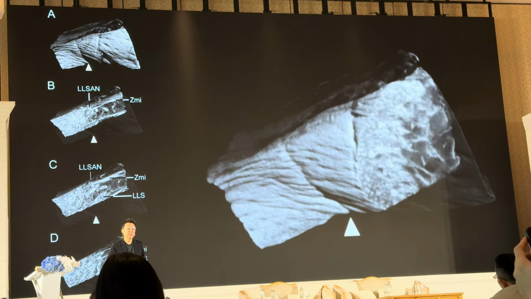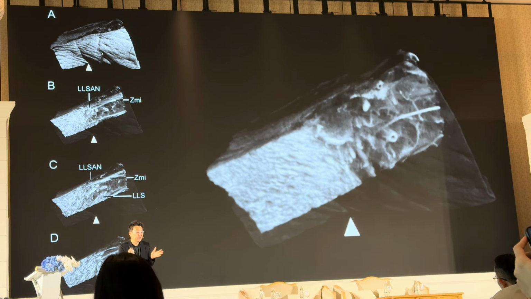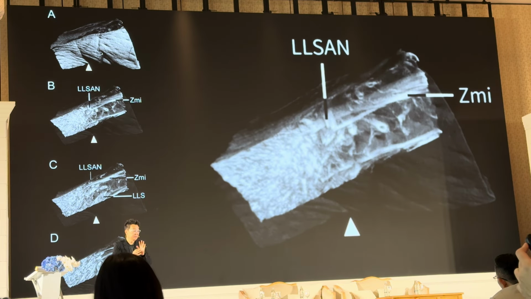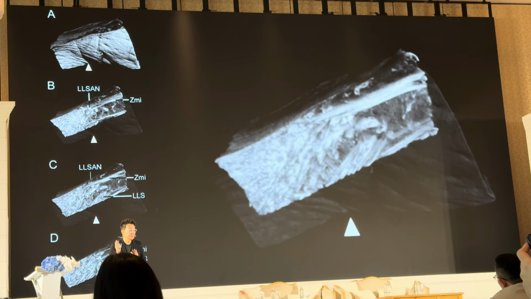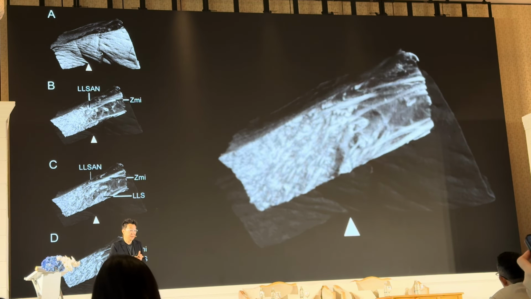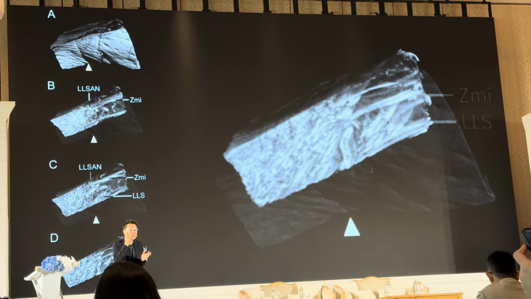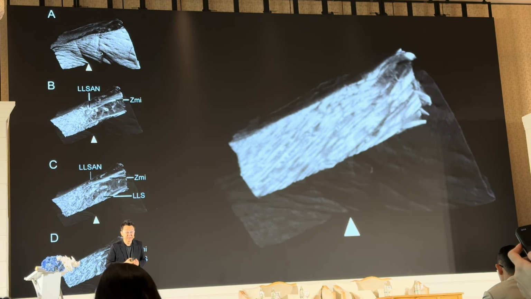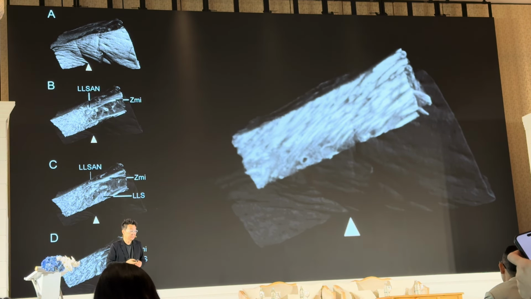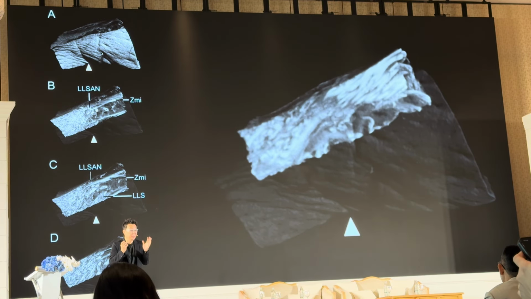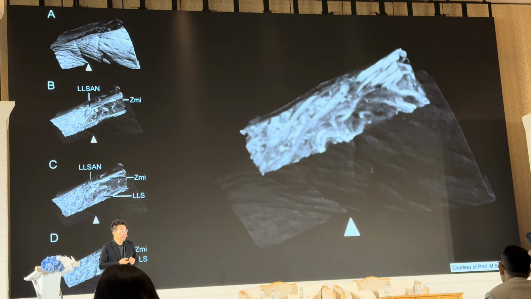From the micro-CT images, we can definitely demonstrate the muscle fibers' inserting and running patterns, and from these images, we can demonstrate that each muscle fiber inserts into the dermis along the lateral fold. This is a very clear anatomical feature.